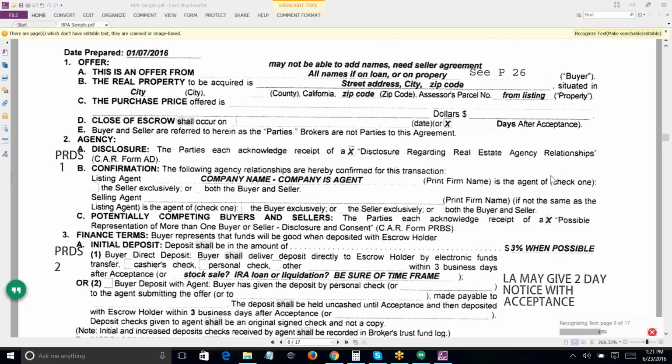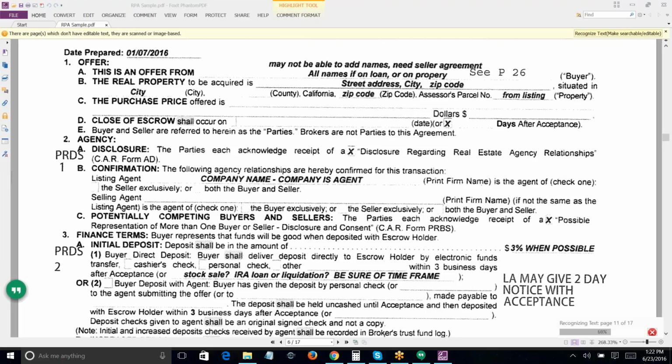Also, sometimes people don't put the money in escrow at the end of 3 days. Now, if you're the real estate agent and you're holding the deposit, you've done something wrong, because we don't hold the deposit. We would be guilty of commingling if we don't deposit the money within 3 business days, but that law does not apply to the buyer.